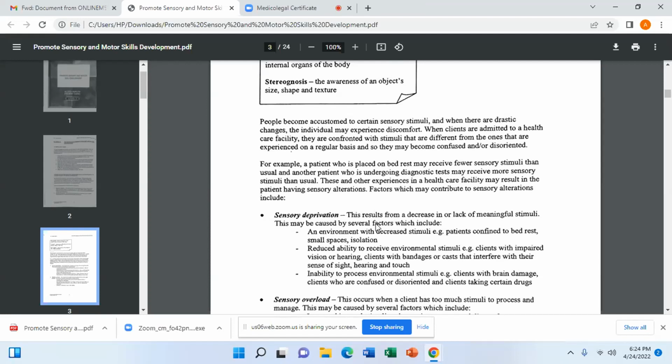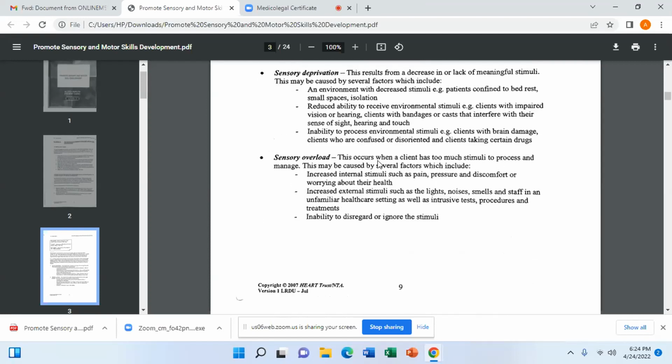That is sensory deprivation. And then sensory overload is like any little thing now causes you to be in excruciating pain or excruciating discomfort. So some persons, if they just get a little hit, it's like the entire area is in an excruciating amount of pain, right? That is sensory overload.